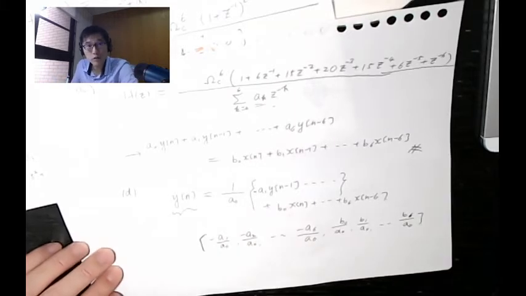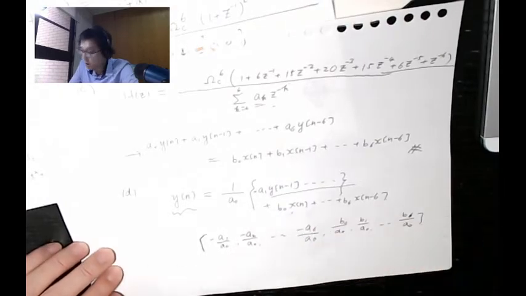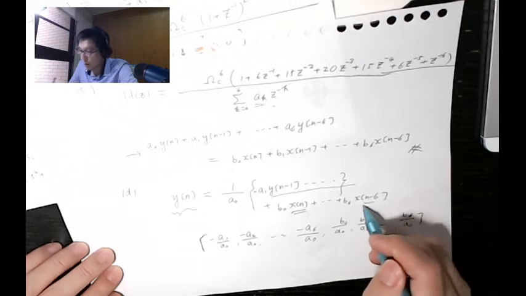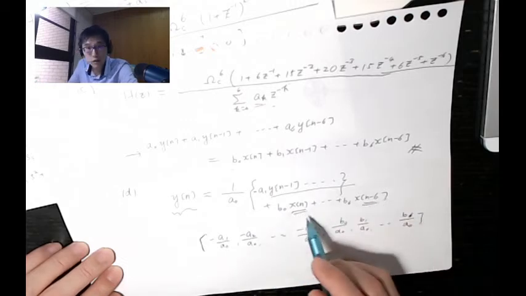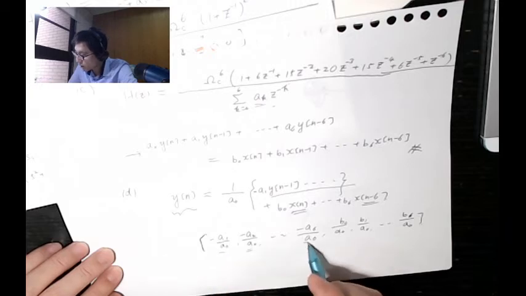These are the coefficients you need to use in order to calculate every output sample. You just take the past output samples and feed them back into your equation, along with the current input sample and 6 previous samples, and you multiply them respectively with these pre-computed coefficients.